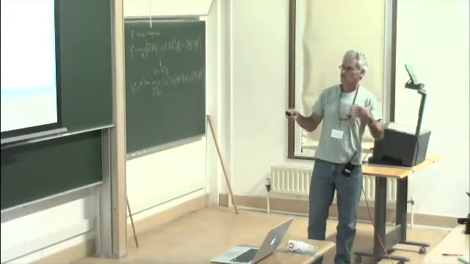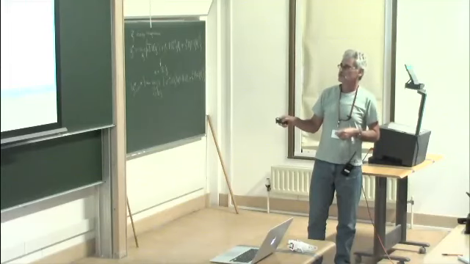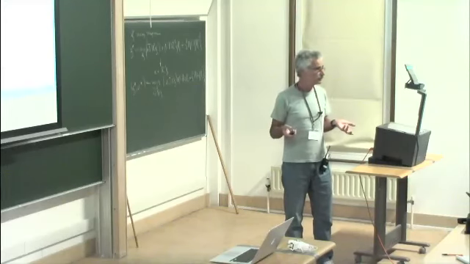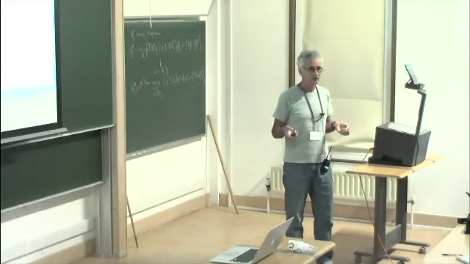That converges in 4 outer iterations. If I use only 3 in each outer iteration, then I need 26. So 26 times 3 is about the same as 20 times 4. In both cases I need about 1,400 PDE solves, whereas with the adaptive algorithm you get 1/3 of it. So it's actually very easy to improve on a straightforward algorithm.